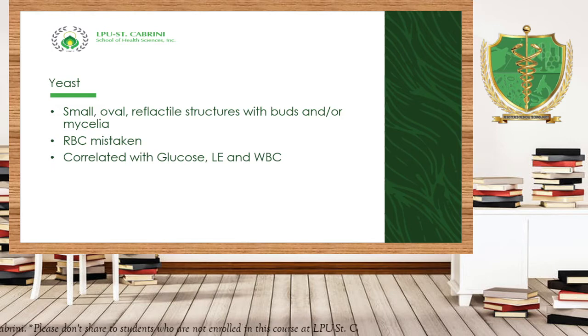It is sometimes mistaken as RBC because halos sila ay parehas. Pero si yeast, spherical din kasi siya or pabilog, no? Pero hindi po siya biconcave. Okay, and yeast is correlated with glucose, leukocyte esterase, and WBC.